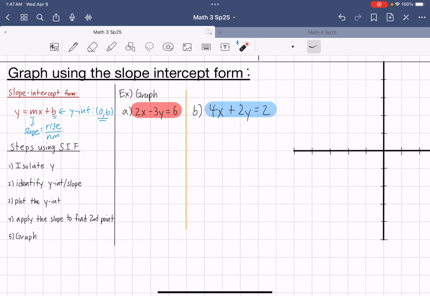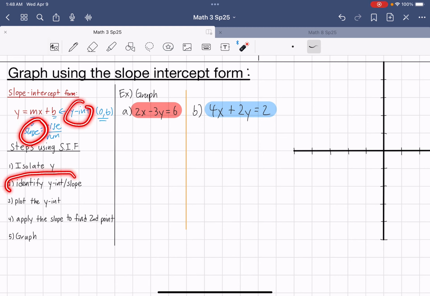And these are going to be some steps that we can follow. You can use them or you don't have to. But the first step is to isolate your y. Once the y is isolated, meaning just y all by itself, you will be able to identify your slope and your y-intercept.